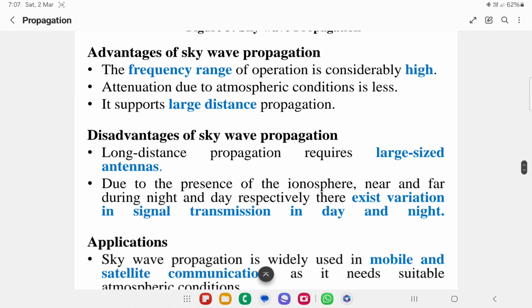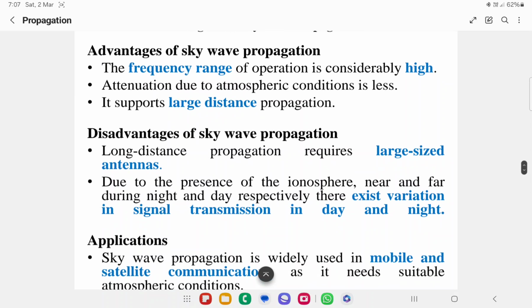Here also we can highlight some advantages and disadvantages. Here the frequency range is generally high compared to ground wave propagation. Attenuation due to atmospheric condition is less. And it definitely supports large distance propagation.